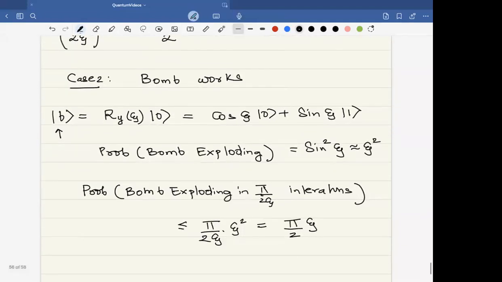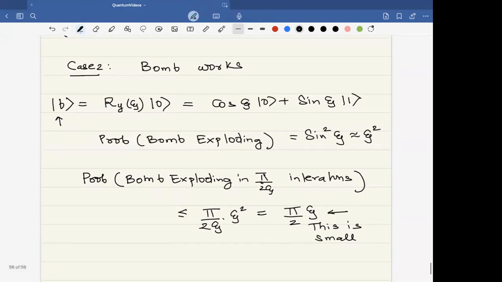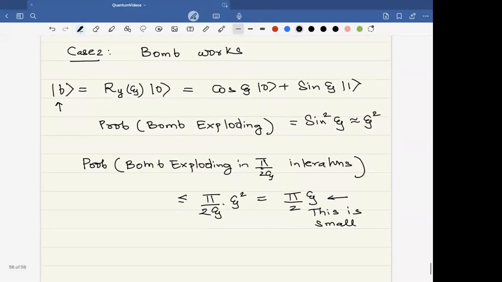Okay, so this is still very small, because it can be made small by choosing our epsilon. This is small, right? Now, what is the final state that we get?